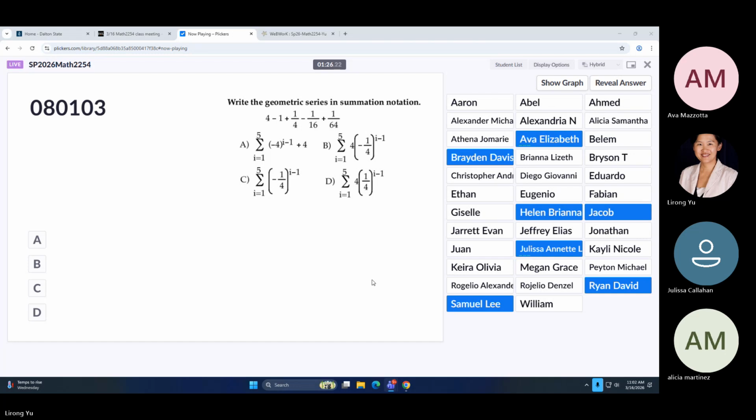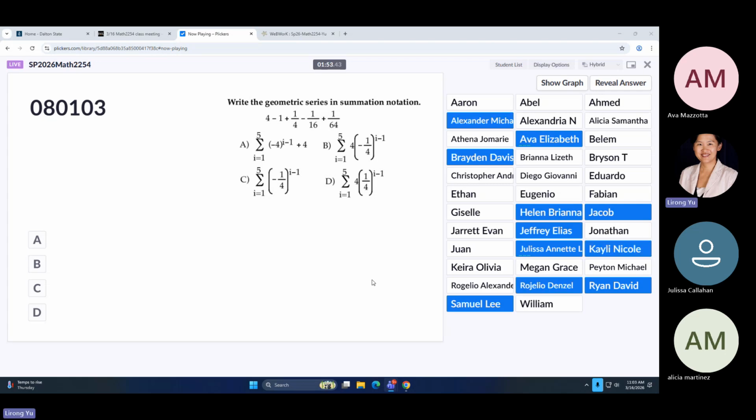Okay. Let's check the rating on the test paper. Talk about it when you are not sure.